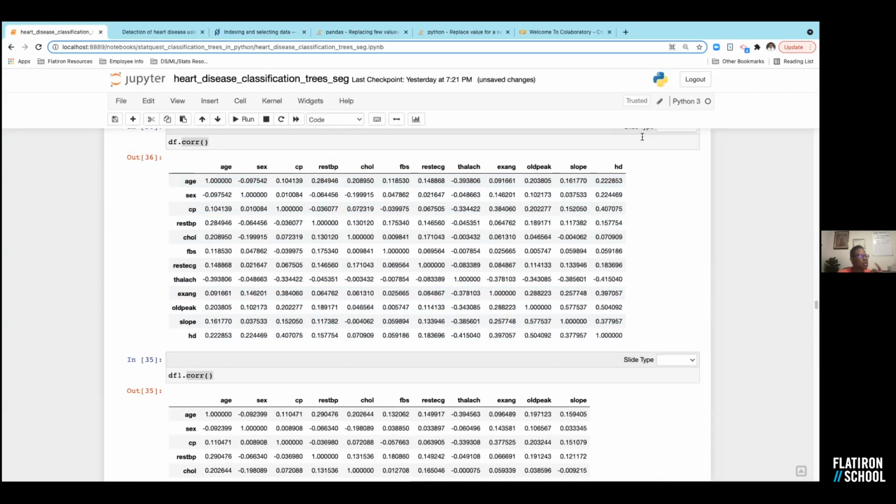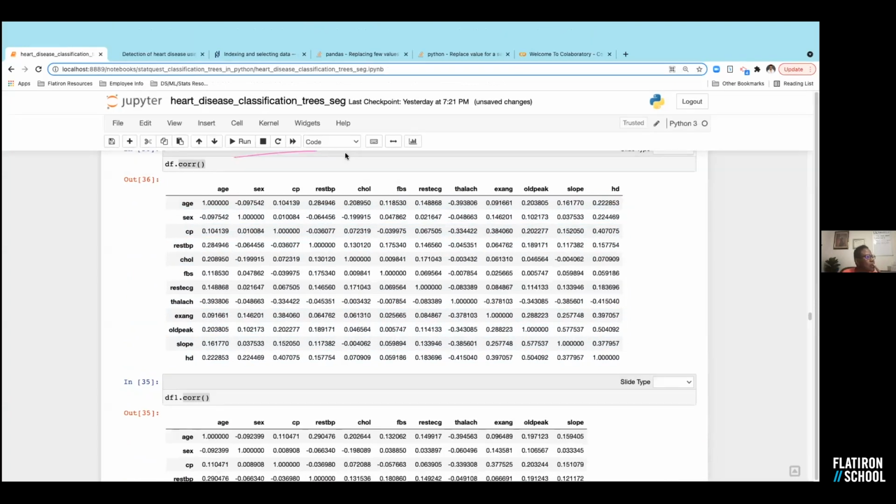Let me see if I can annotate this. Yeah, so we're going to separate all of the x's from the y, or the outcome that we are trying to predict, right?